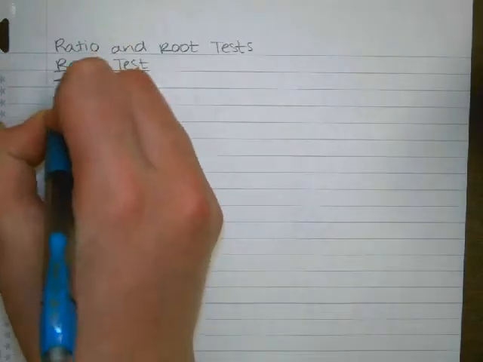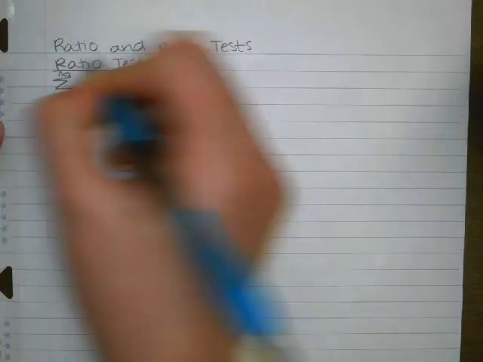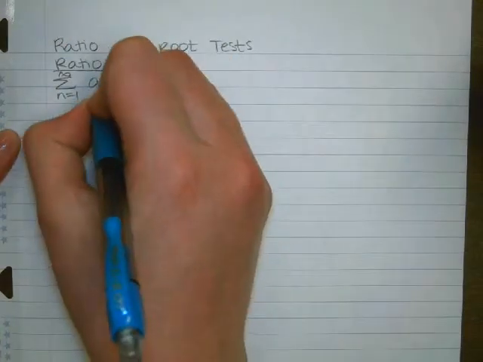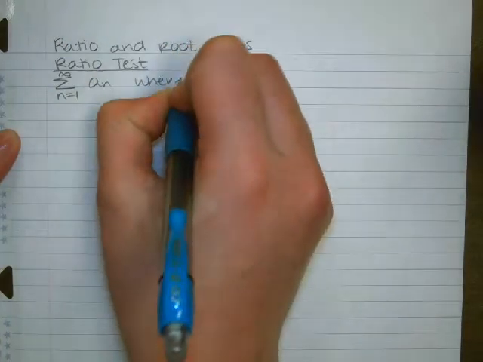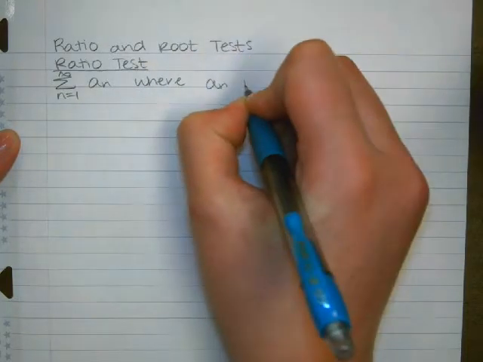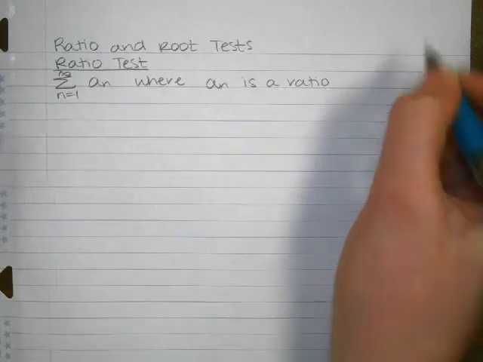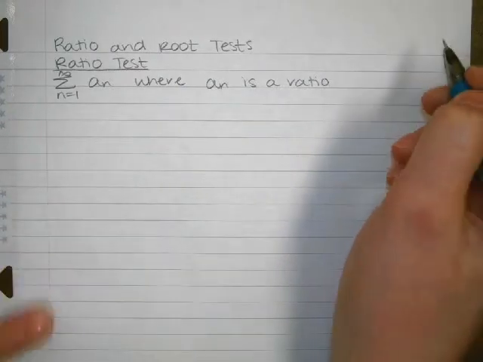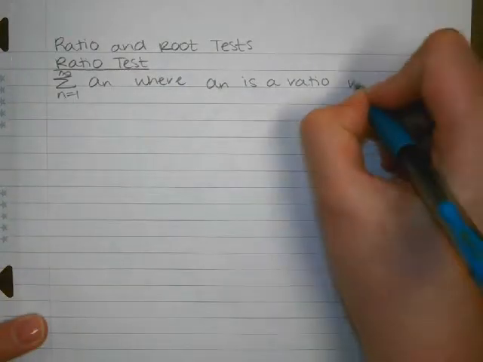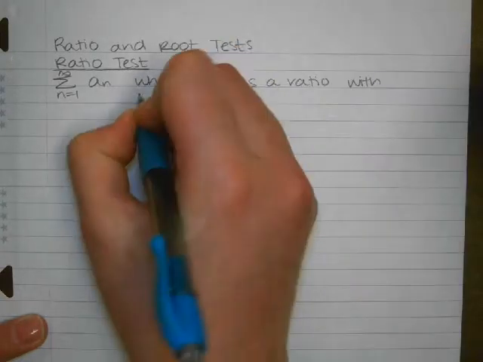And so we're going to look at a series from 1 to infinity of a sub n, where a sub n is a ratio. And when I say ratio, I mean like rational, like it's got a top and a bottom, so it's a fraction, with non-zero terms.